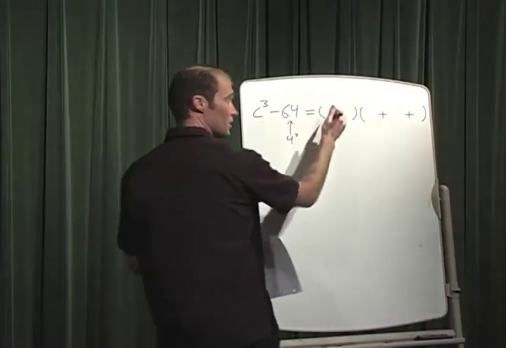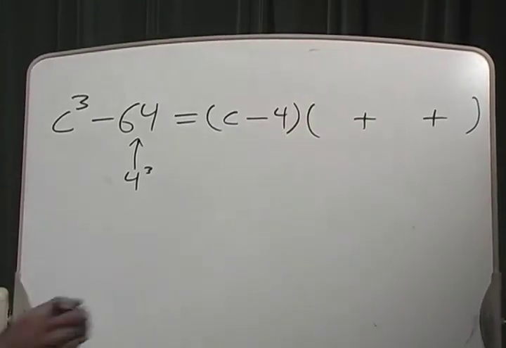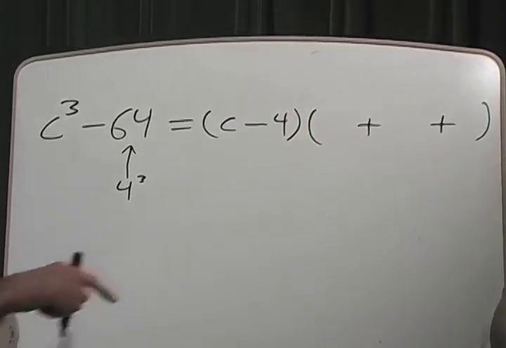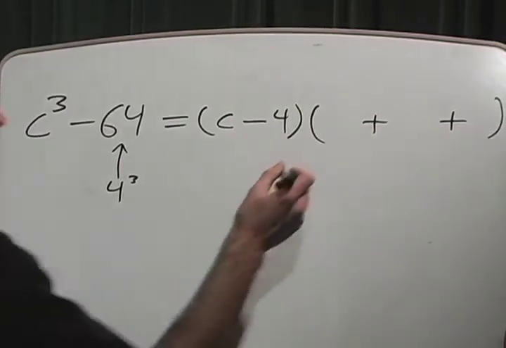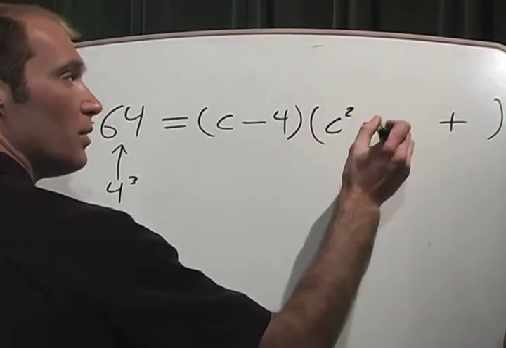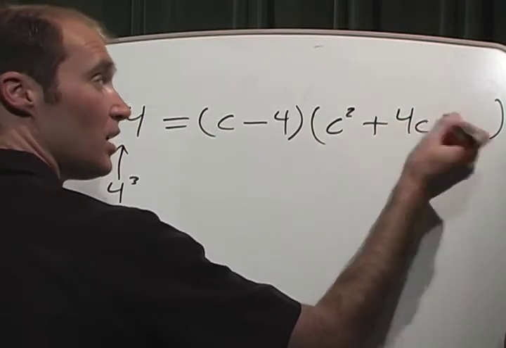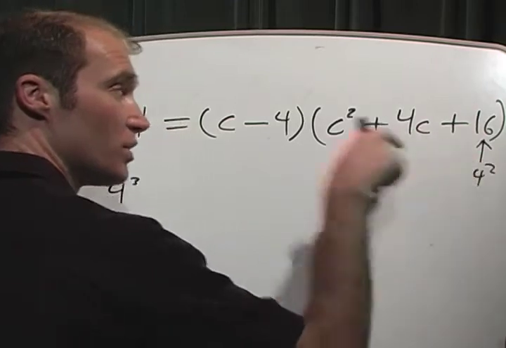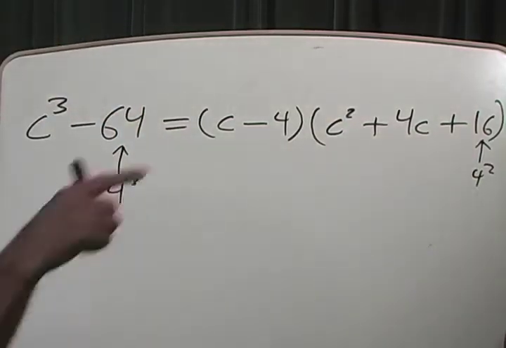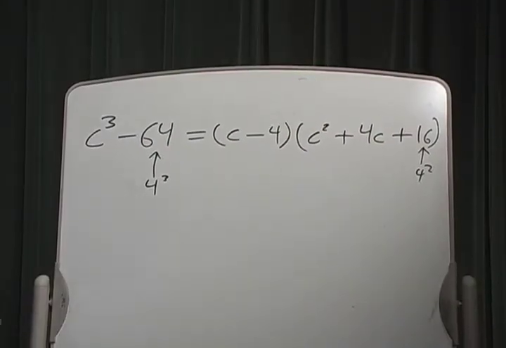Well, I know how this is going to be. It's c minus 4 for the binomial. And then I need to have descending powers of c and ascending powers of 4. So it's going to be c squared plus 4c plus 16, because 16 is just 4 squared.